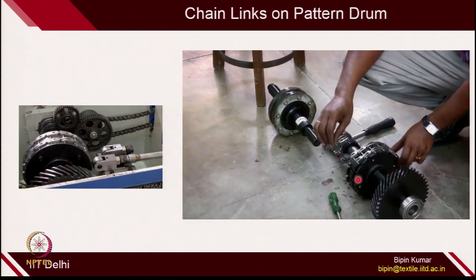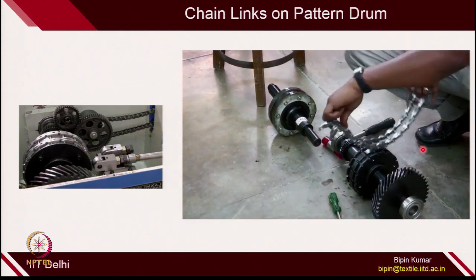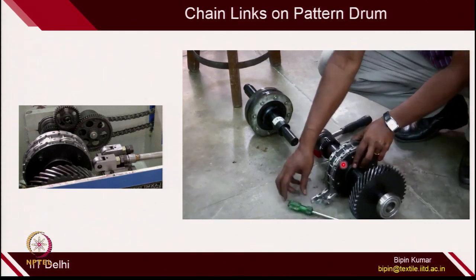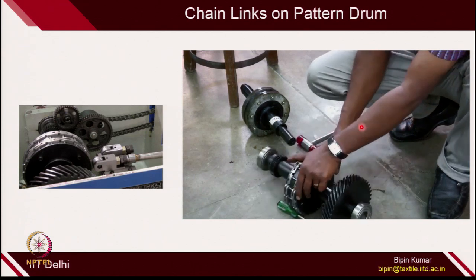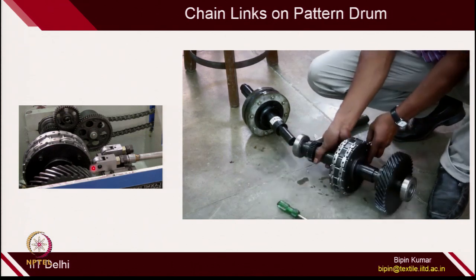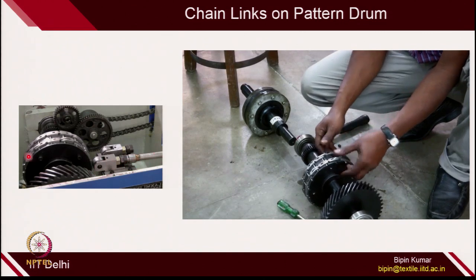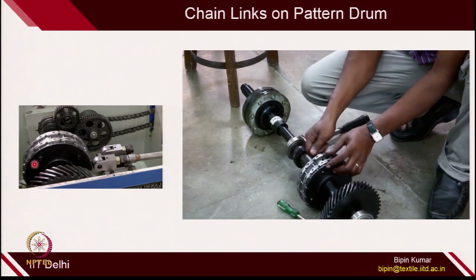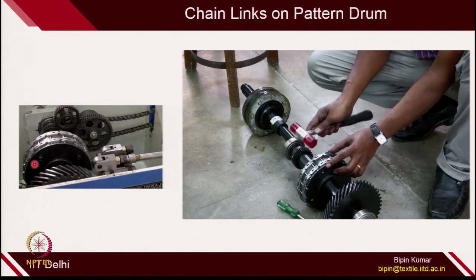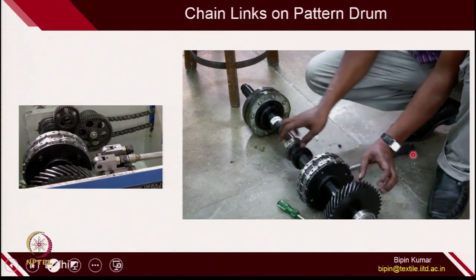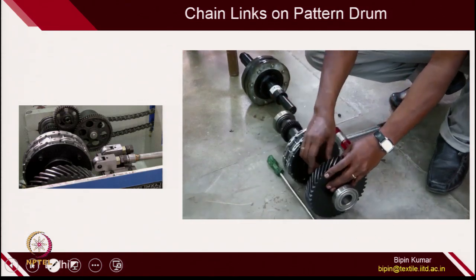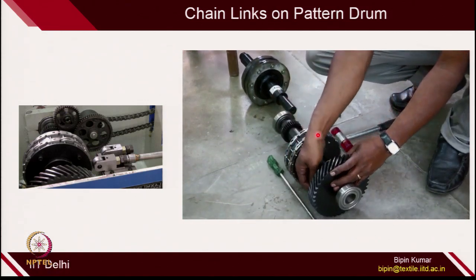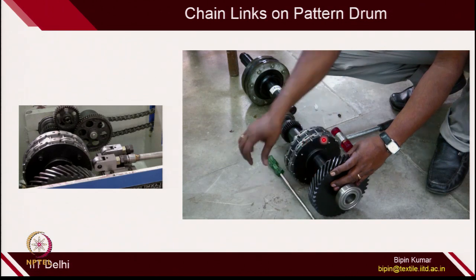You can see these chains in a certain sequence fixed on the drum, and once this drum is ready, you fix it on the machine and you let the guide bar follow this particular profile. Okay. So, this is how you fix the chain links on the pattern drum.